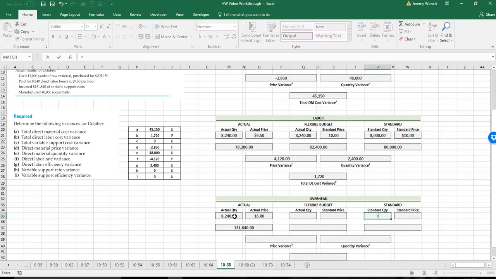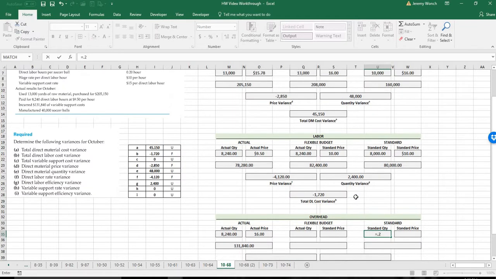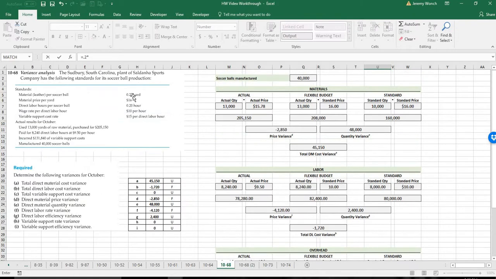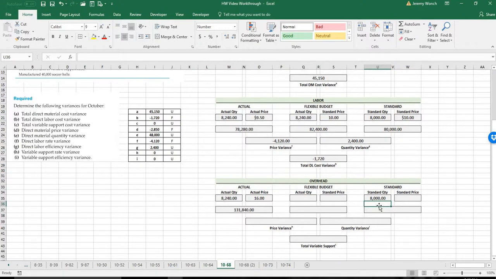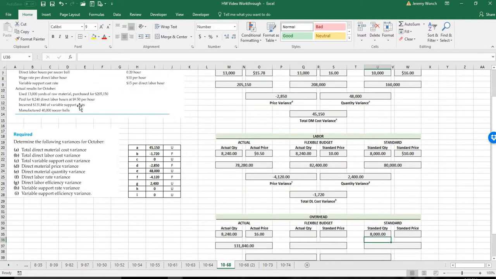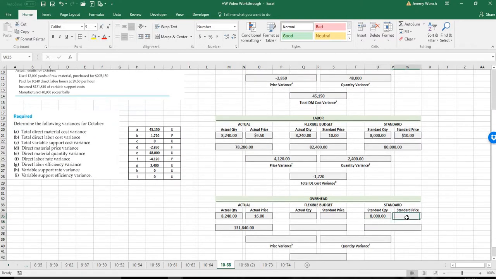And so our standard, that's going to be our 0.2, so 0.2 hours per ball. So we planned on having 8,000, so this is going to be the same as our direct labor up here. And it says that the variable support cost rate was $15 per direct labor hour.